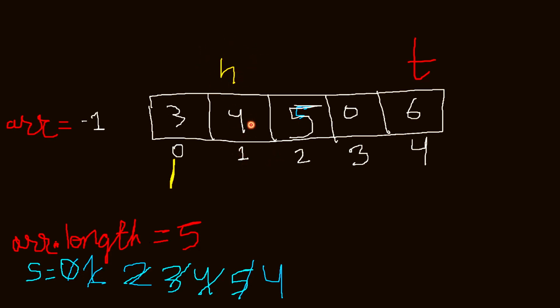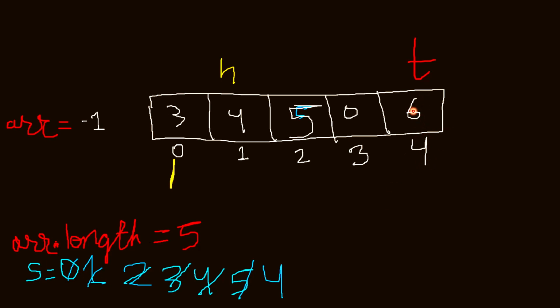Head is pointing to index 1, so at index 1 the element will be 4, right? And what is the rear element or the last element? Wherever the tail is pointing, the element of that index will be the rear element of the queue. In this case 4 is the index, so at index 4, 6 will be returned, right?